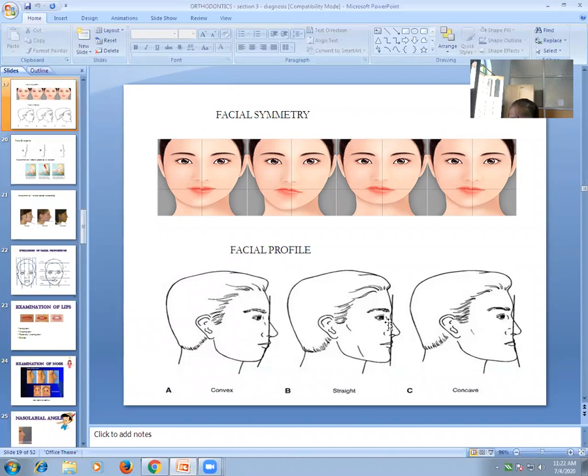So in straight profile cases, you will have to be very careful when thinking of extractions. In concave, when your mandible is forward in skeletal class 3 patients, there will be a concave appearance. A line from forehead to chin will appear concave.